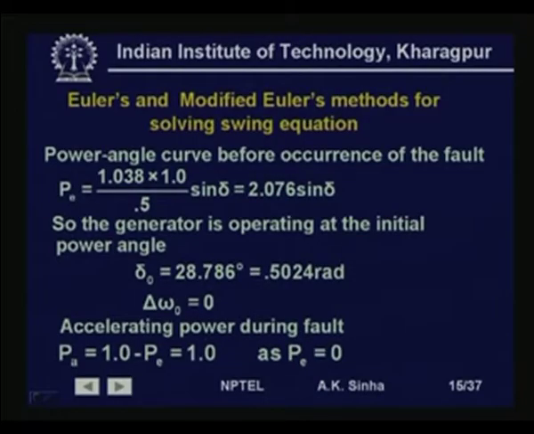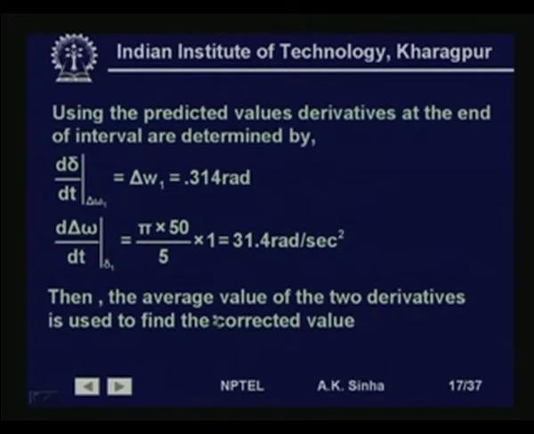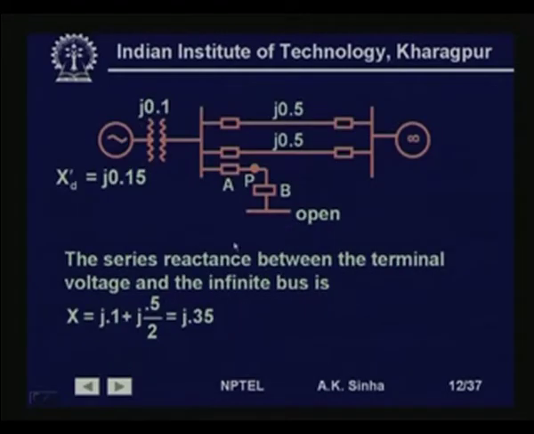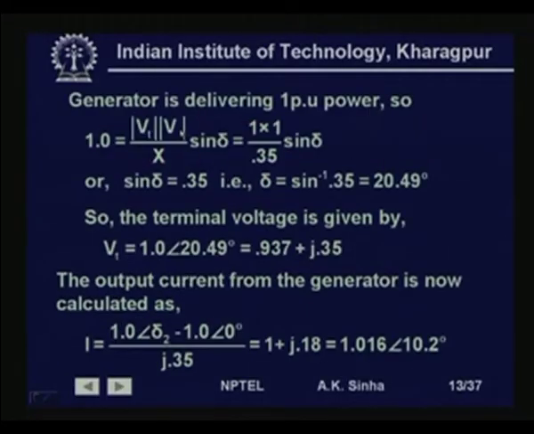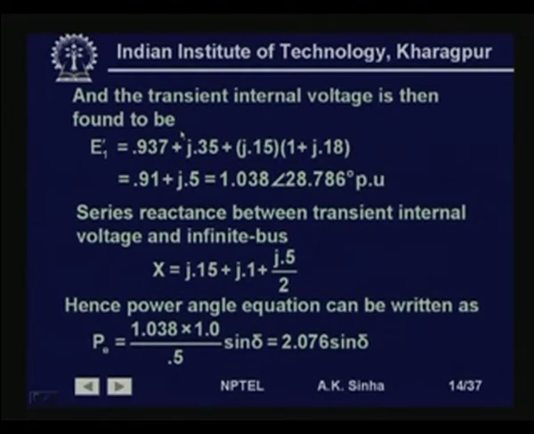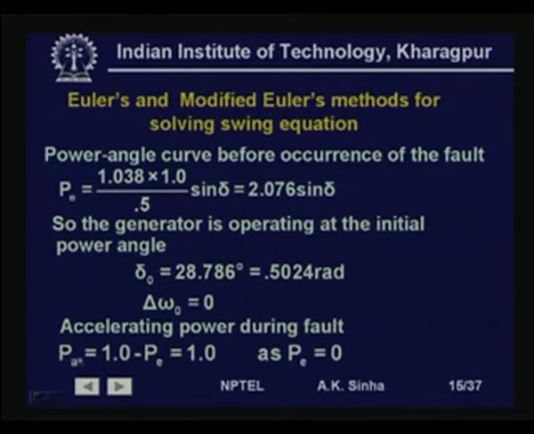That speed remains very nearly equal to the synchronous speed at that time. So, the accelerating power available during the fault, because the fault has occurred at this point, P. When the fault is present, this voltage is 0, so there will be no power transfer, that is P is equal to 0, and since the initial operating point has Pm equal to 1, the accelerating power available to us will be Pa is equal to 1.